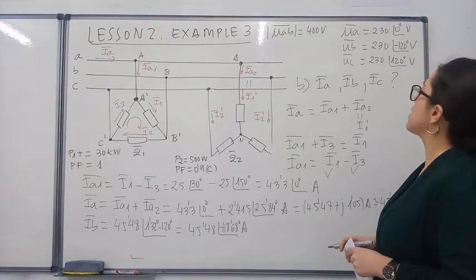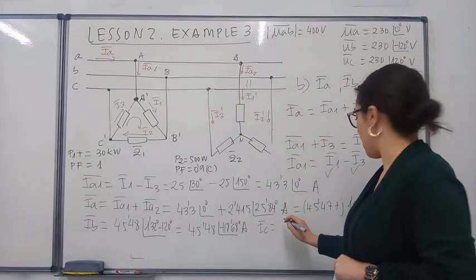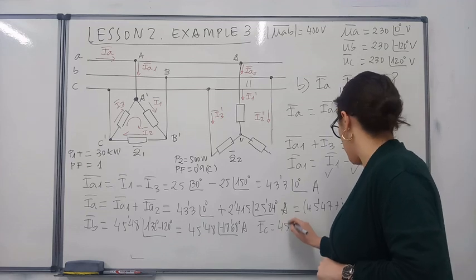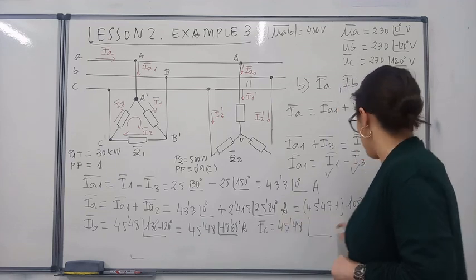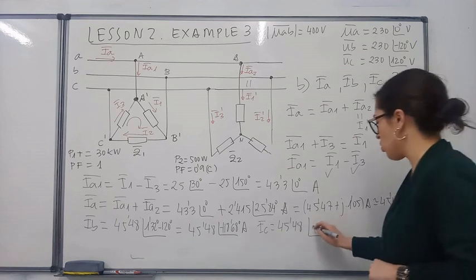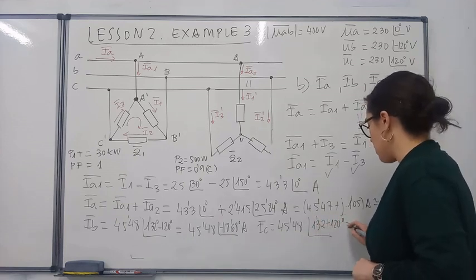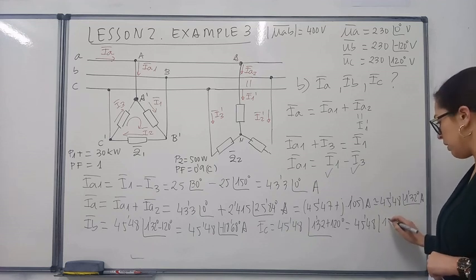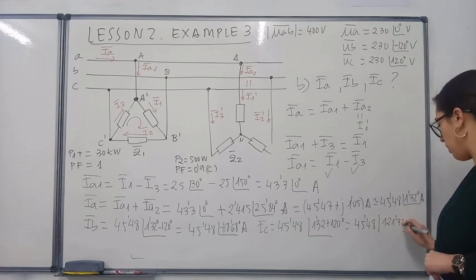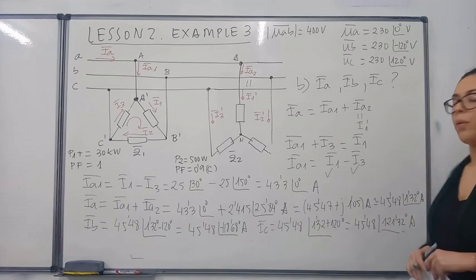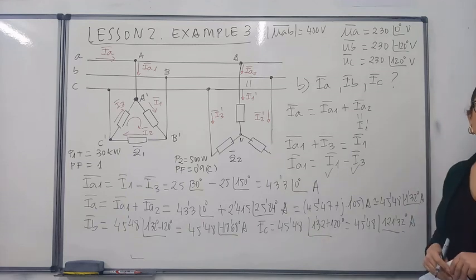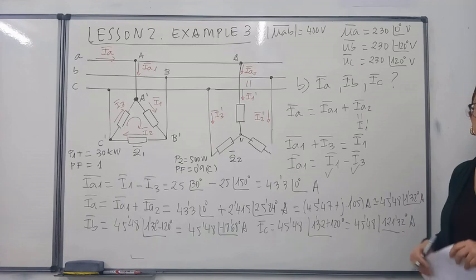And what about IC? IC should have the same absolute value as the other line currents, and here we should sum an angle of 120. So that gives a result of 121.32 degrees. So these are the three line currents that they asked for in question B.